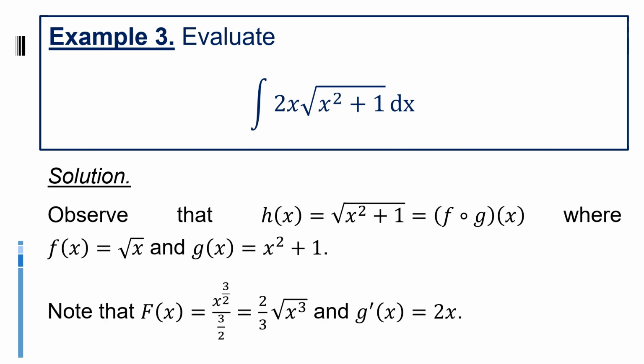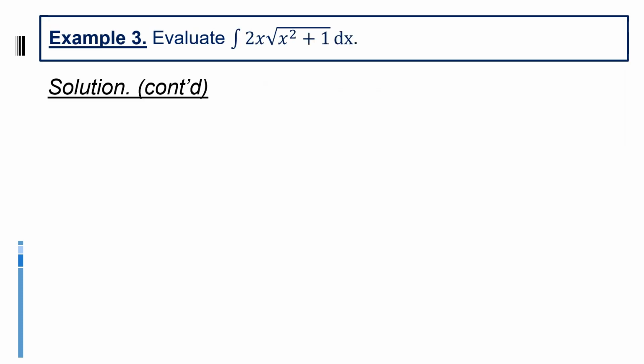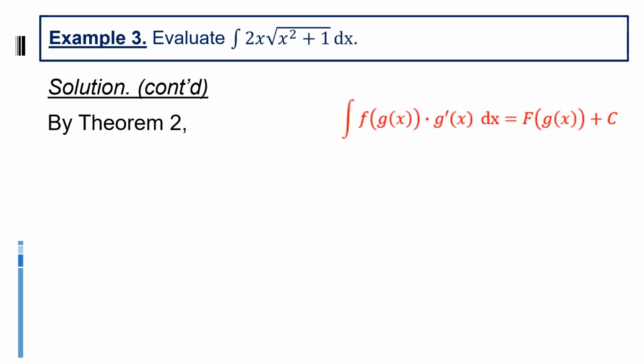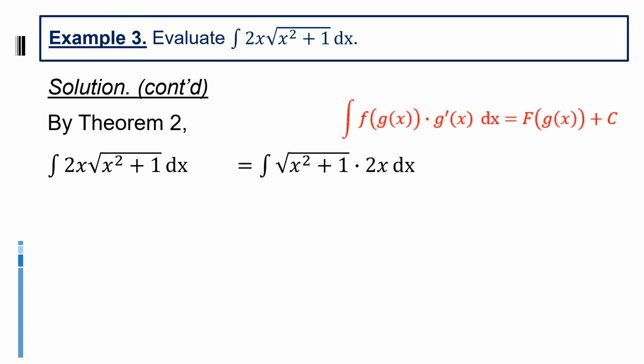Note that the antiderivative of f is equal to x raised to 3 halves over 3 halves, or that is 2/3 times square root of x cubed, and g prime of x is equal to 2x. Then by theorem 2, which is this formula, the integral of 2x times square root of x squared plus 1 dx is equal to, okay, we separate the square root of x squared plus 1 and 2x.